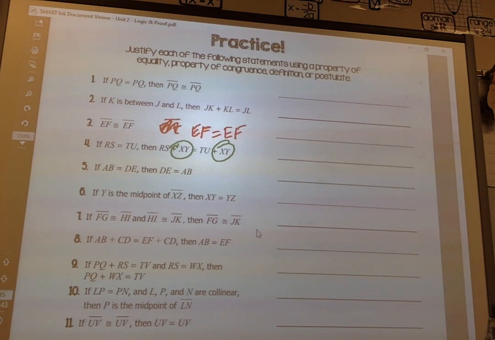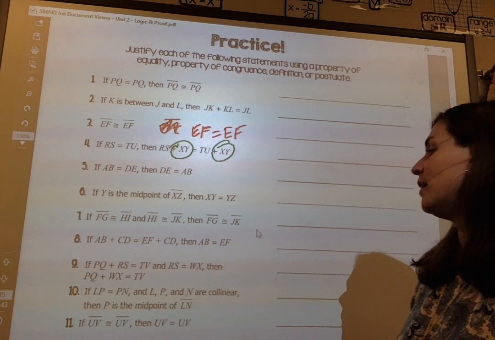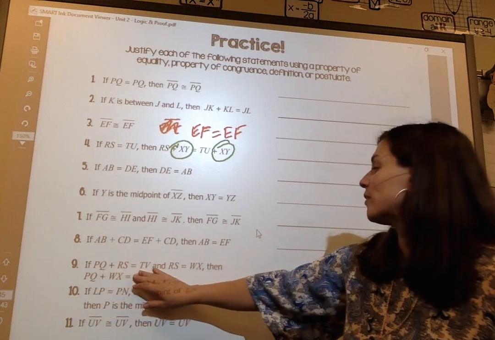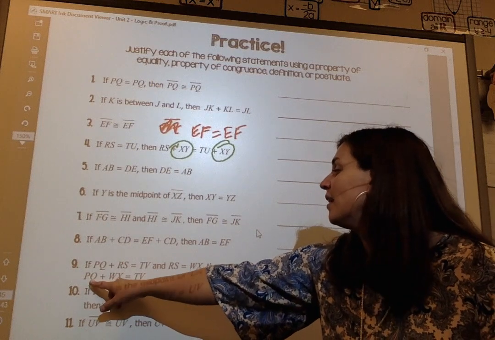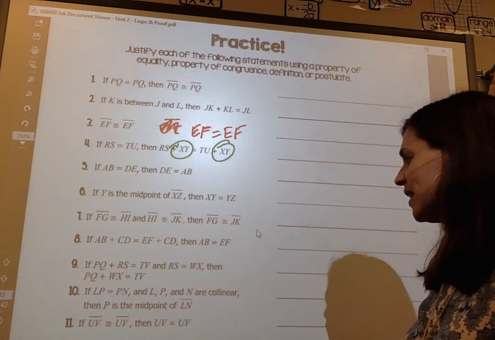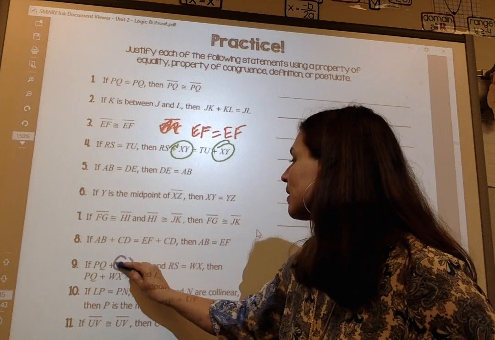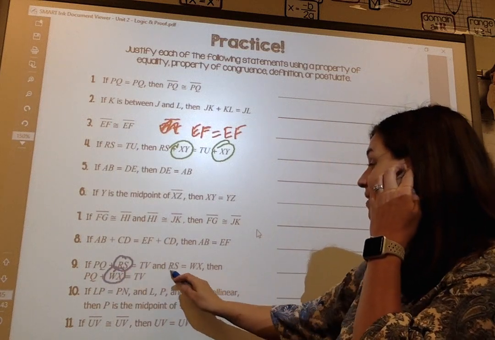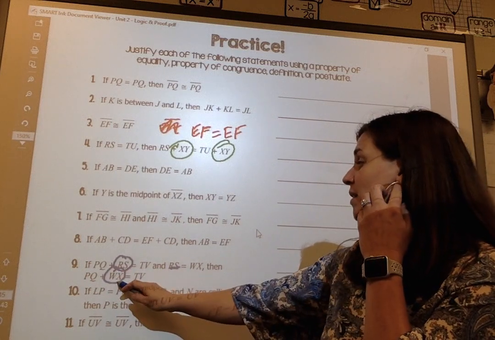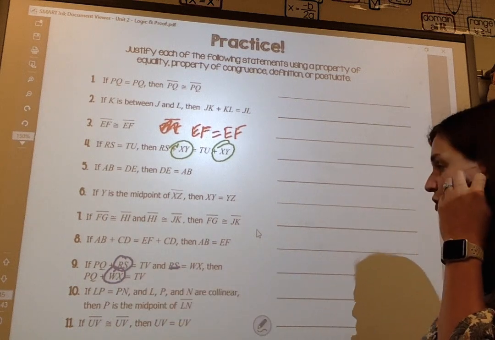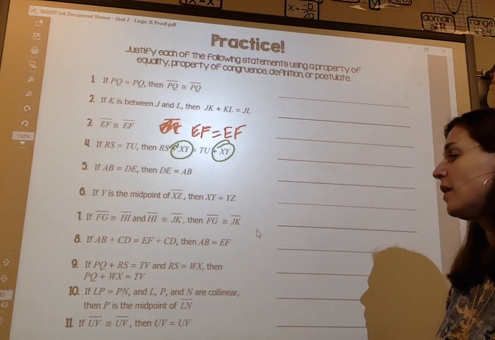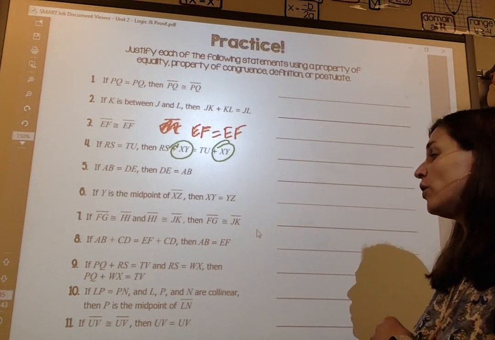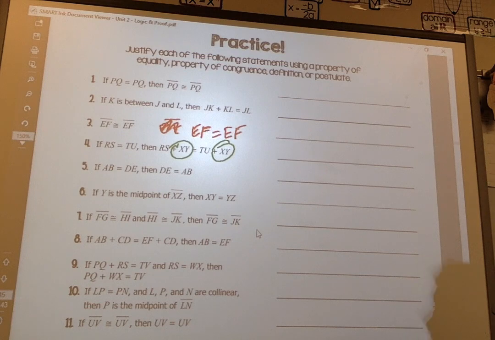That is going to be your subtraction property. Number 9, if PQ plus RS equals TV and RS equals WX, then PQ plus WX equals TV. So everything looks the same except this RS and this WX, but it's introducing that RS is the same as WX. So that's going to be a substitution property. Number 10, if LP equals PN and L, P, and N are collinear, then P is the midpoint of LN.